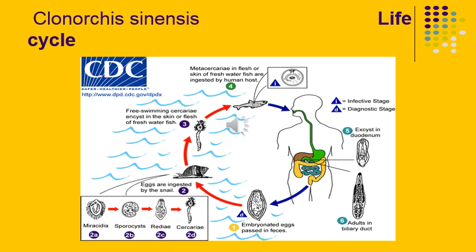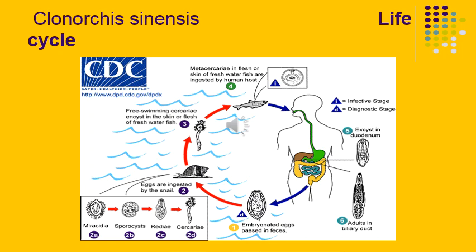These eggs will be ingested by the snail. In the snail, it will change to miracidia, then sporocyst, and again redia, and finally we have the cercaria. Cercariae swim in the water and invade the skin or flesh of freshwater fish.